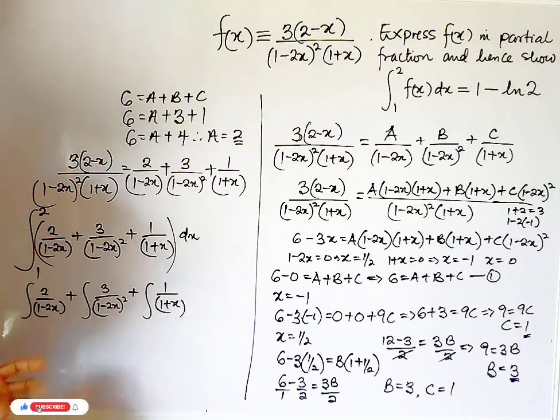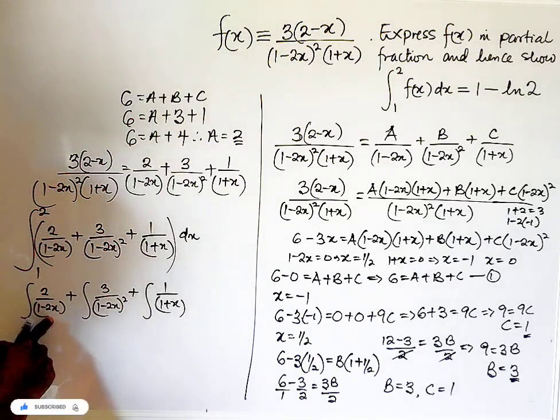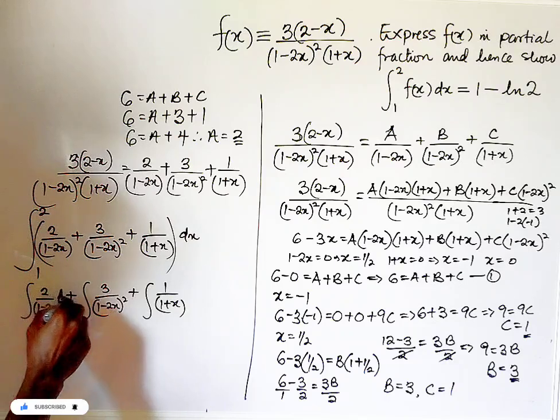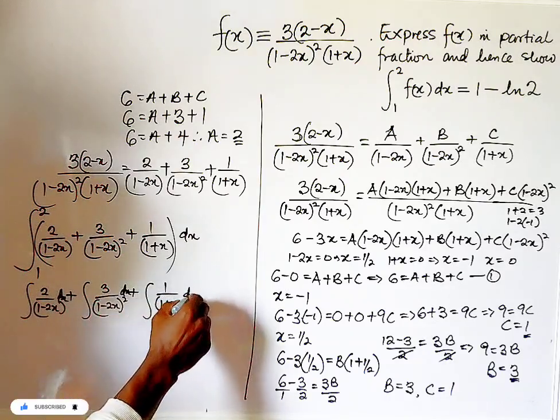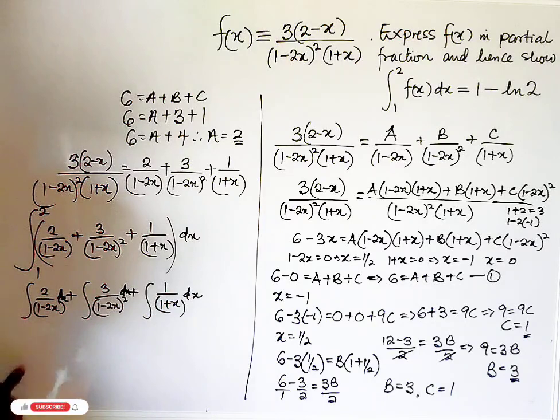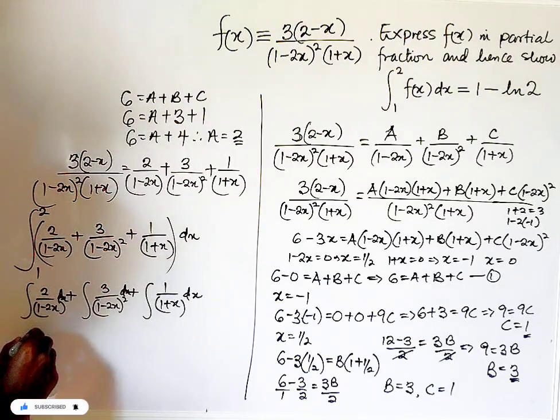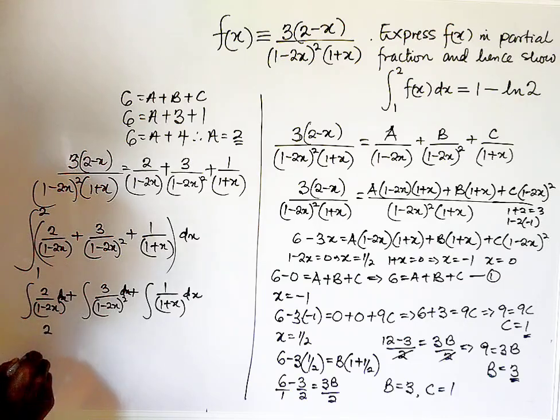Okay, now for us to integrate this, just looking for a simpler way. Take note this is dx here and dx here. Now if you are to integrate this, let me just do a quick one here. Now for us to integrate this, so here we have 2.